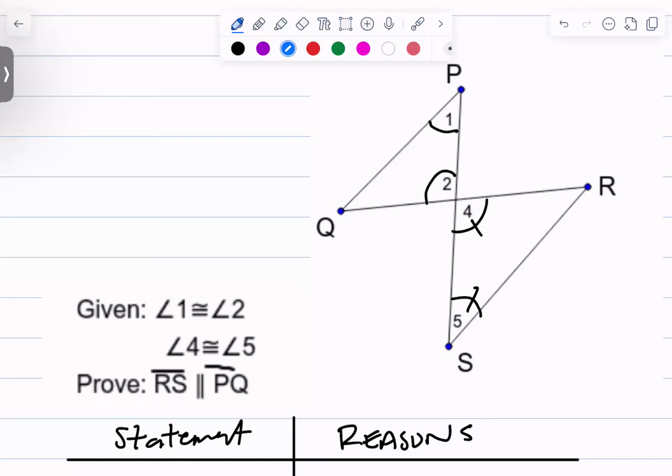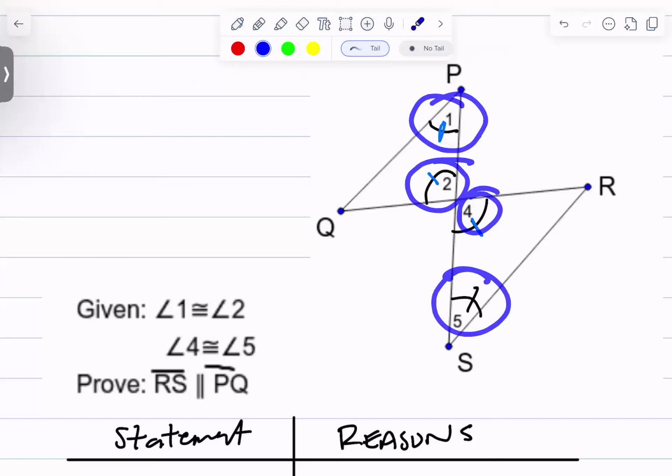But I need it now. Angle 2 and angle 4 are vertical angles, right? Yeah, that's my missing link. Now I know that angle 1 and angle 2 are congruent, so then angle 1 is congruent to angle 5. You guys see that? Physically, all of these angles here have one tick mark. That means that they're all equal to each other.